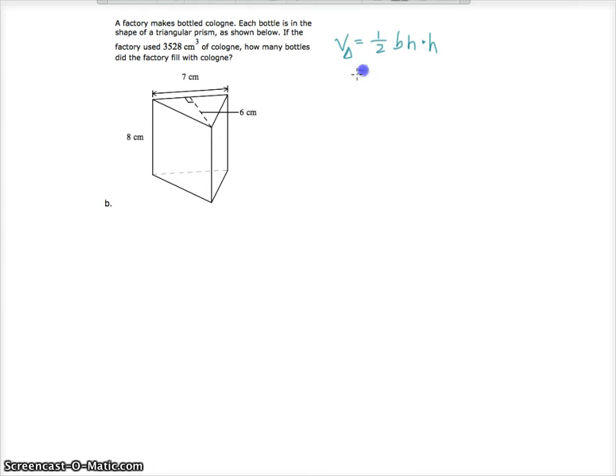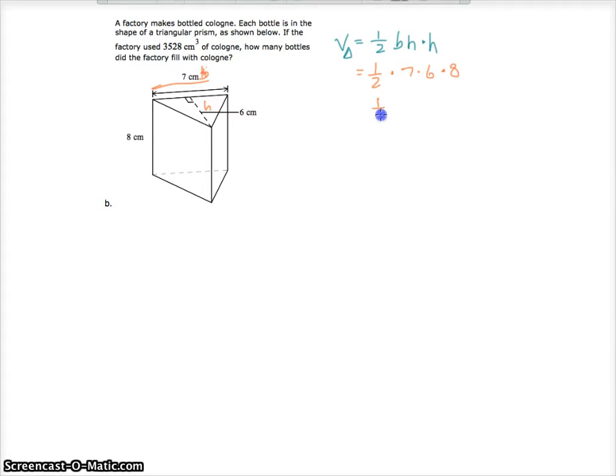So we have 1/2 times, here's my base, here's my height, so I have 1/2 times 7 times 6 times 8. 7 times 6 is 42, times 8 is 336.